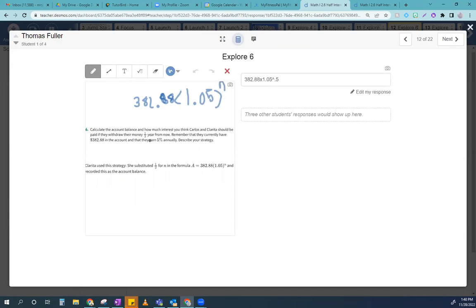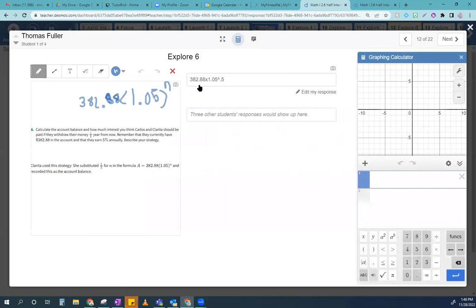And when they wanted to figure out what half a year would look like, you guys plugged into the same equation and you just plugged in half. So do you see how you're doing the same thing over and over again, except now you're plugging in different numbers based on what they're asking you to do, right? So earlier we plugged in -5 because we wanted to know 5 years ago. Here we're plugging in half because we want to know if we pull it out in half of a year, right, for the summer.